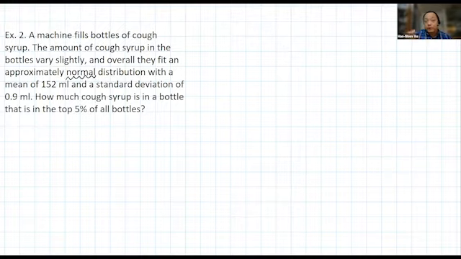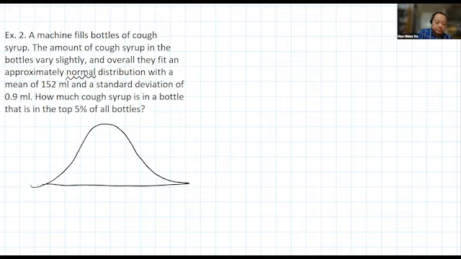So first thing I do is I draw a normal curve. The x-axis is down here, and the probability or proportion will be the shaded areas in the curve. How much cough syrup is in a bottle that's in the top 5% of all bottles? So I don't know where the bottle is. So I'm going to put it somewhere, anywhere.